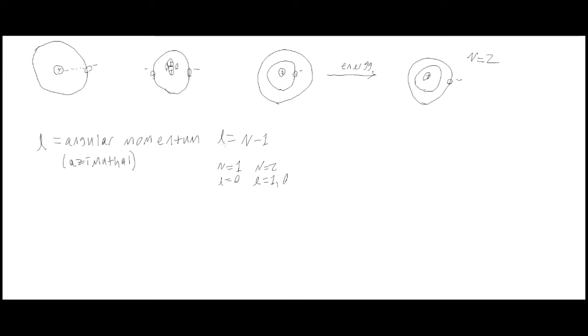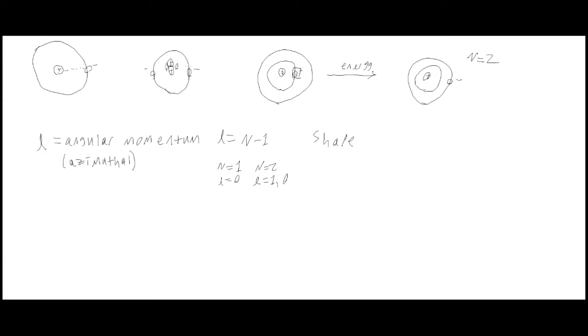And this angular momentum number you can sort of think of as determining the shape of what's called the orbital. These orbits around the atom are called orbitals, or actually the electron is occupying an orbital.